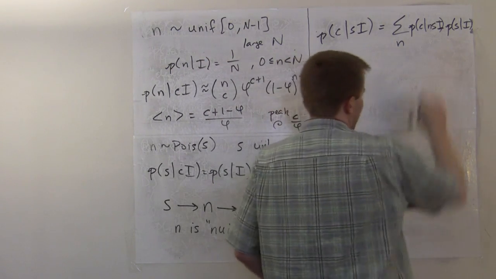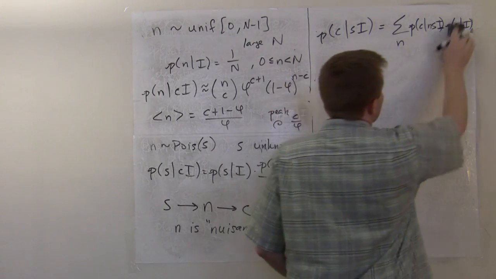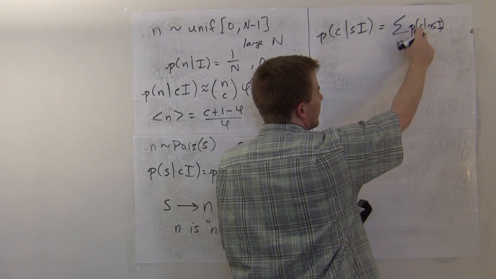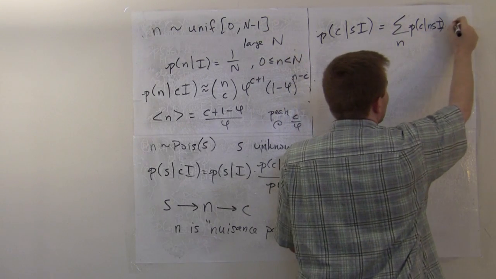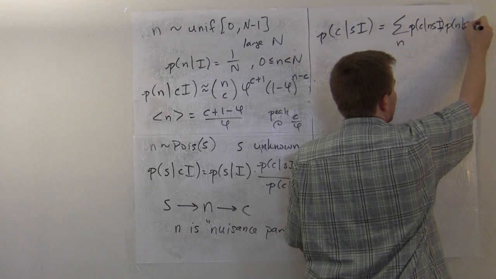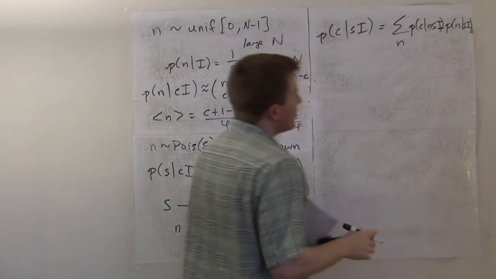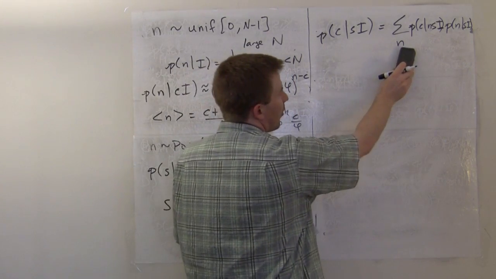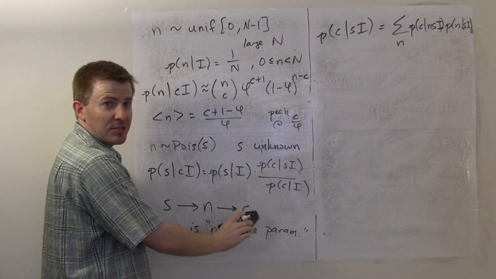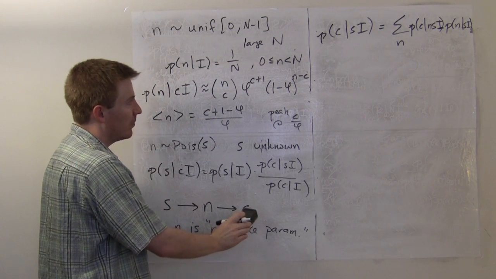Sorry, I wrote this wrong. It's the probability of getting c given n times the probability of getting n given s. That's what I meant to write. So you take that sum over all possible n values, and you get this two-stage logical leap. Hopefully that makes sense.